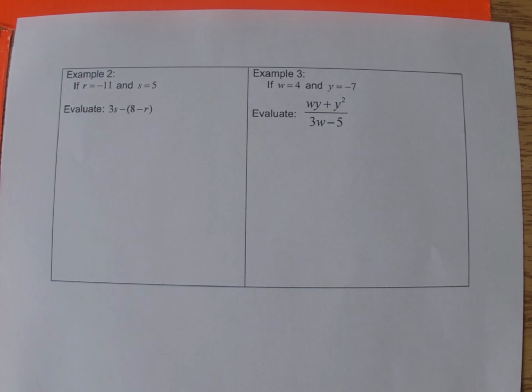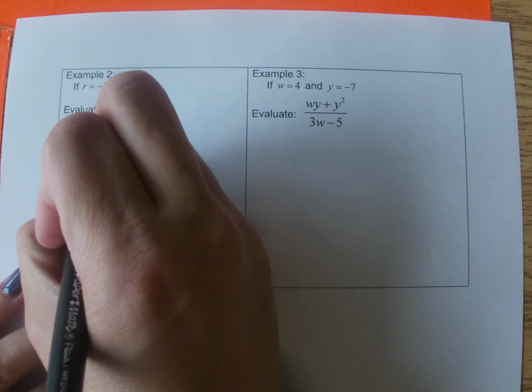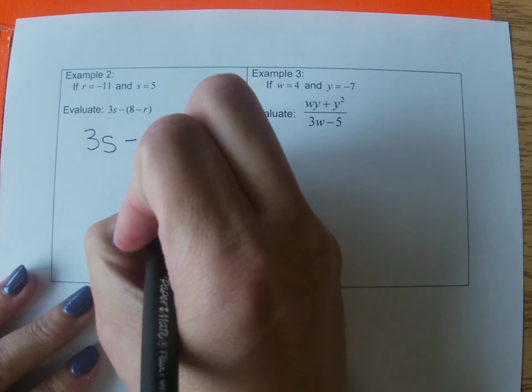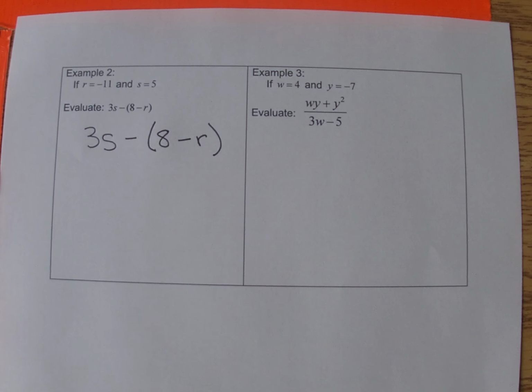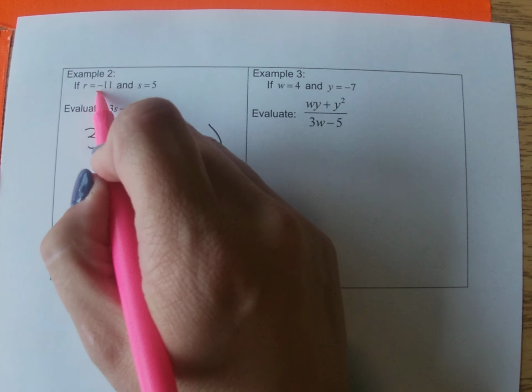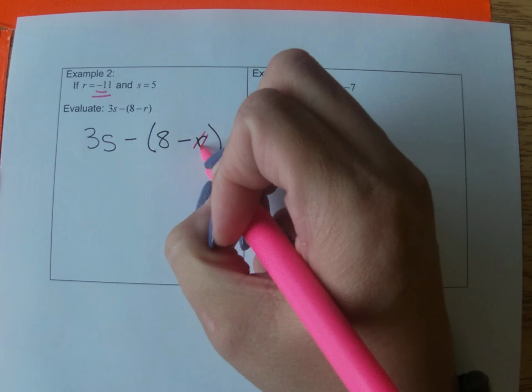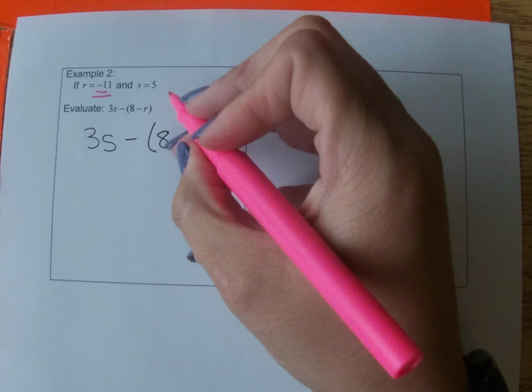Okay, so if we look at our next example, we have 3s, 8 minus r. I'm just writing this larger so I can make that substitution. Anywhere that I see r, r is going to be replaced by negative 11. Now, I'm not canceling out this sign in front of it.